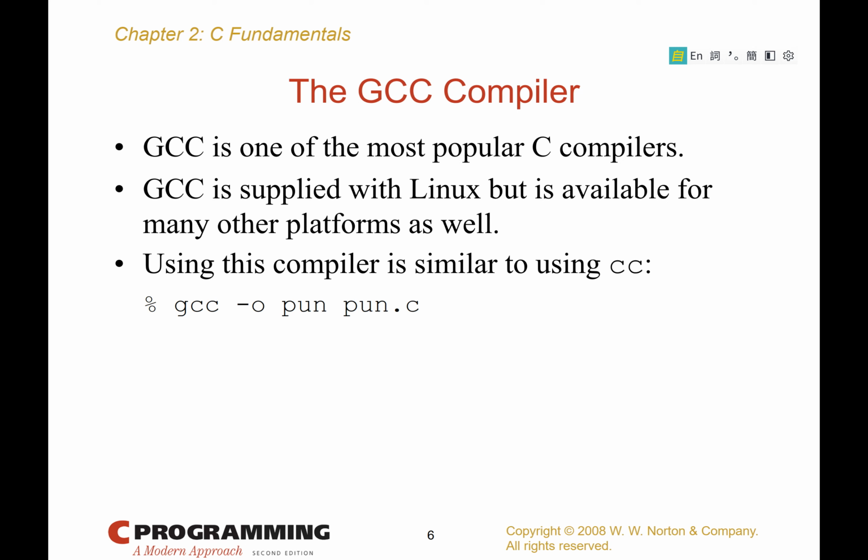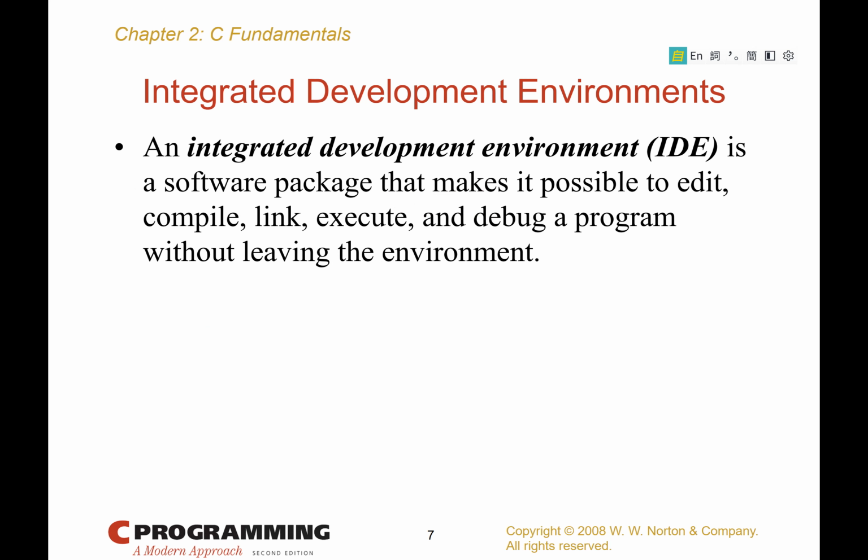And GCC is another version of the compiler. GCC is on the Linux system, which is a public domain Unix system. Some students might be using the Linux system, and in the Linux operating system, you use GCC to compile.